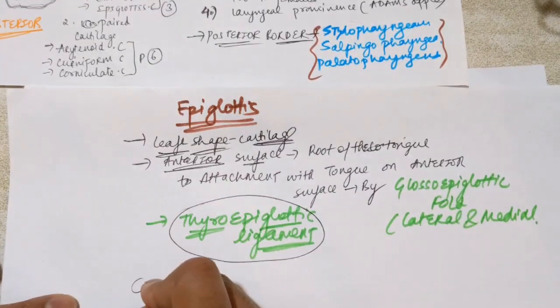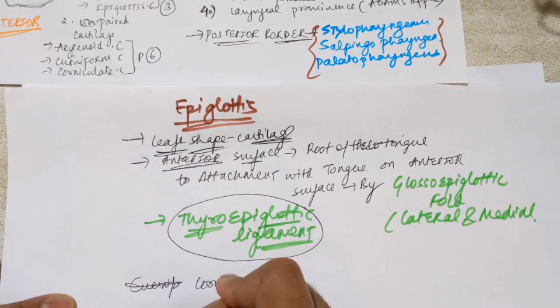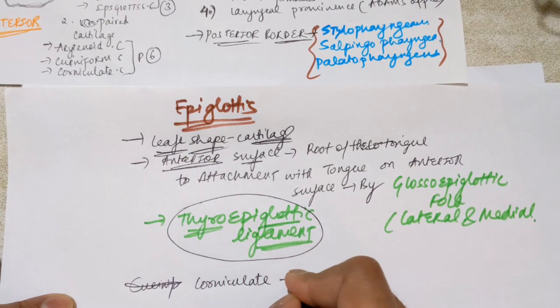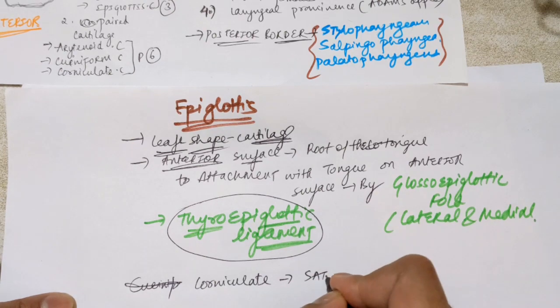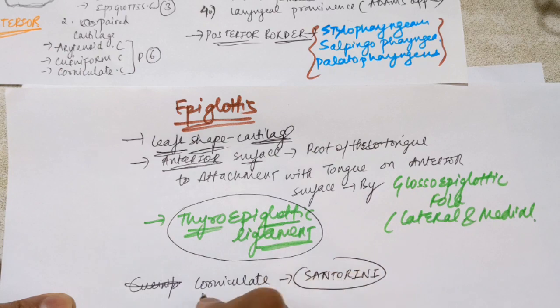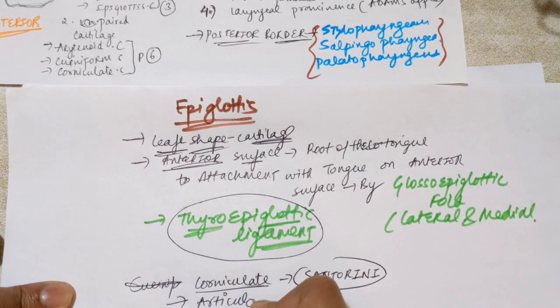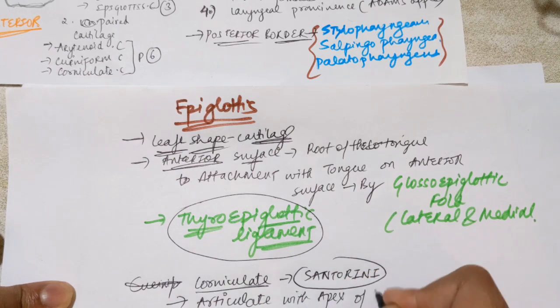Now the others are cuneiform and corniculate. The first one is corniculate. It is also called the cartilage of Santorini. It is also paired, and it articulates with the apex of the arytenoid cartilage.